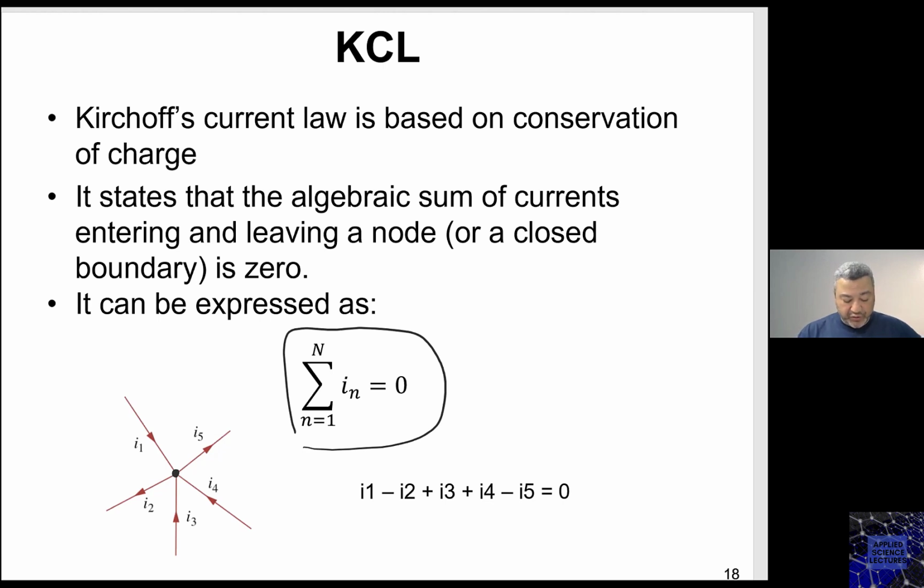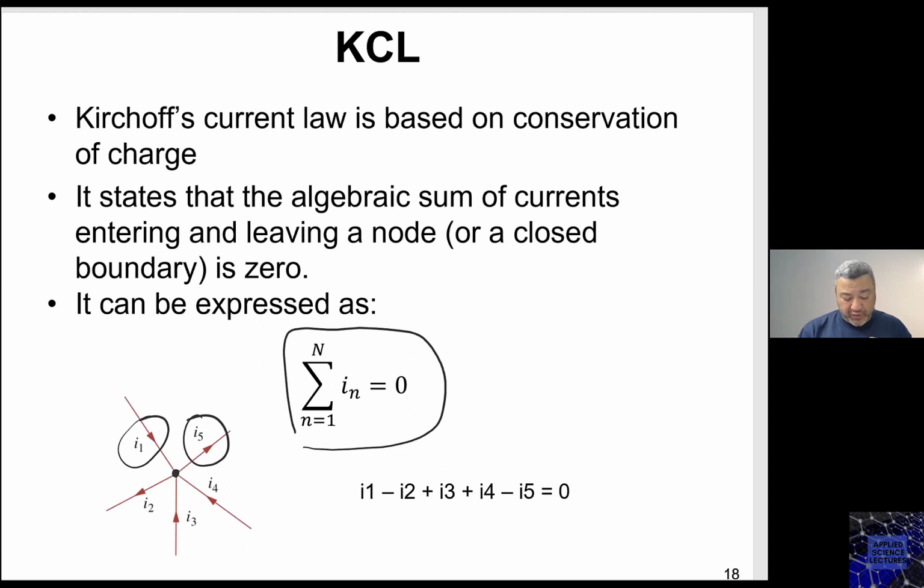If you assume, and this is up to you, that the currents that are entering are positive, then the currents that are leaving should be negative. So if this one is entering and you wrote it as positive, then you have to write I5 in the equation as negative. If you want to take the convention that leaving currents are positive, then you can write I5 as positive. But in this case, the currents that are entering the node have to be written as negative.